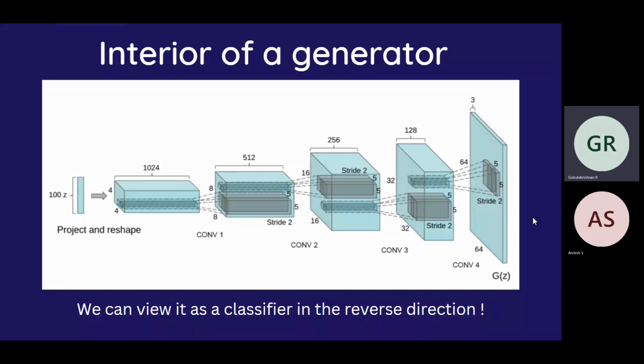The output would be a 10 cross 1 vector, where each element is the probability that the dog belongs to class 1, class 2, and so on. So clearly it's like the reverse of a classifier.